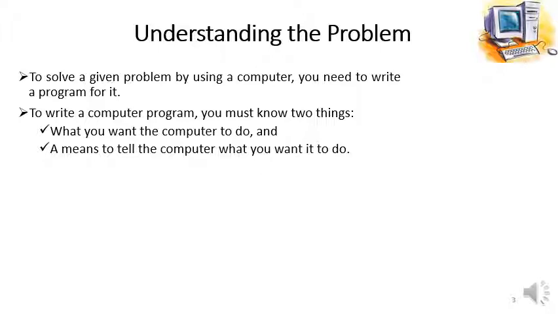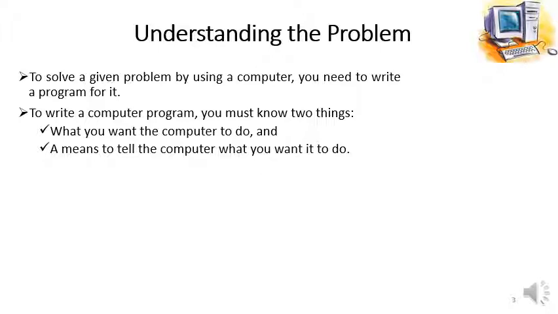First, what you want the computer to do, what exactly your requirement is, what exactly you want to be done by the computer for you. And second, a means to tell the computer what you want it to do. You should know how you can explain your problem to the computer, and how you can tell your computer what you want it to accomplish for you.